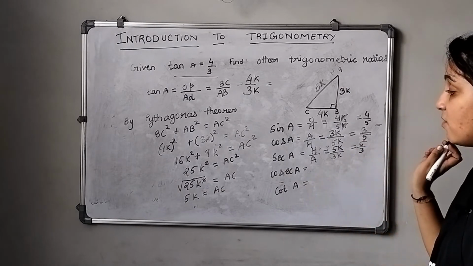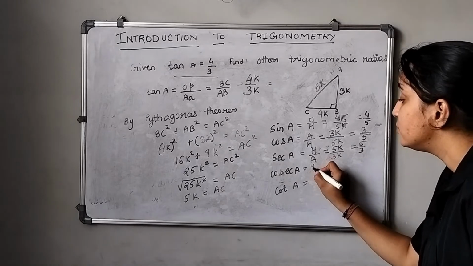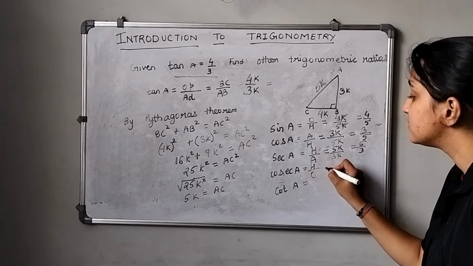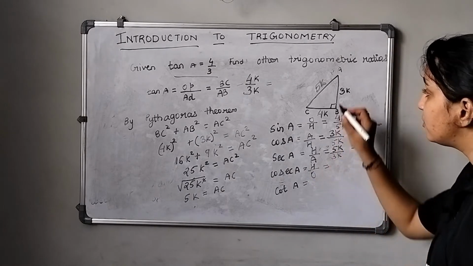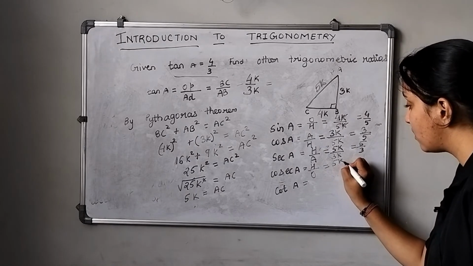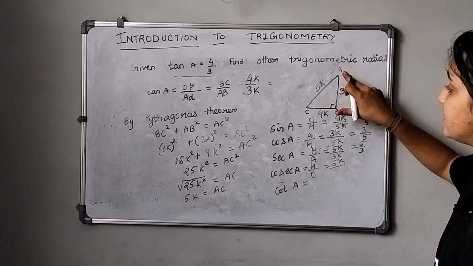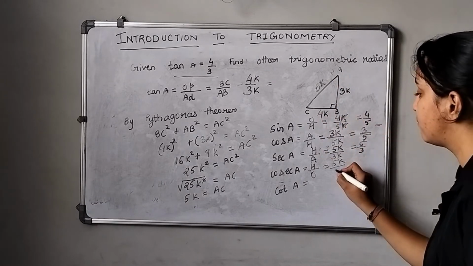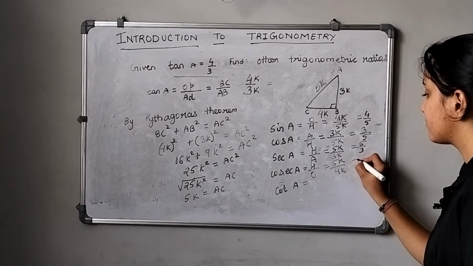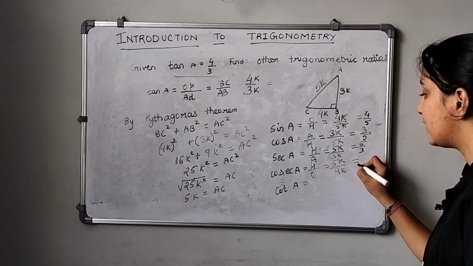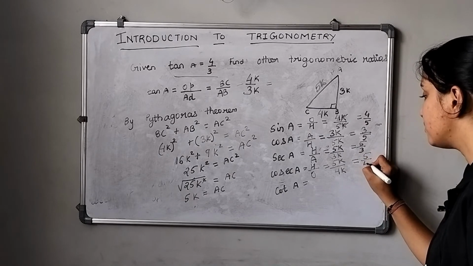What is cosec of A? Hypotenuse upon opposite side. Now what is hypotenuse? 5K, upon what is the opposite side of A, which is not connected to A. So that will be 4K. K gets cancelled. You have 5 upon 4.